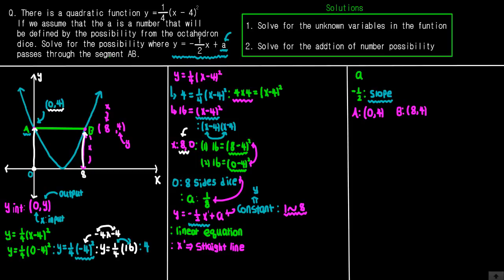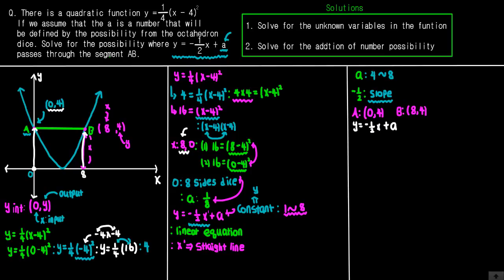The only difference is that the a value should be between 4 and 8. The reason is that point A is 0, 4, which means we can write our function down as y is equal to negative 1 over 2x plus a.